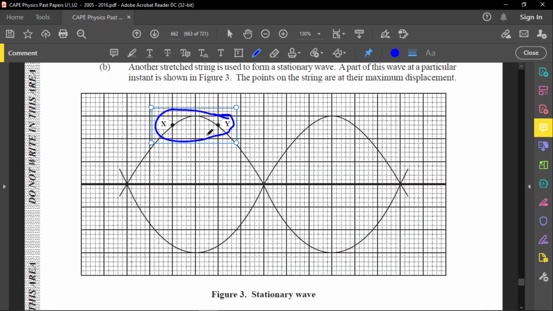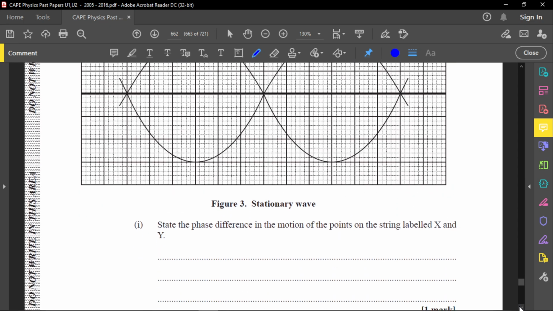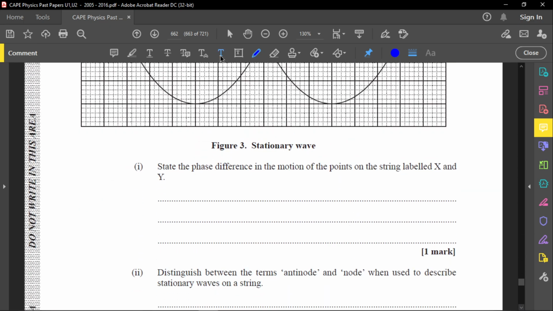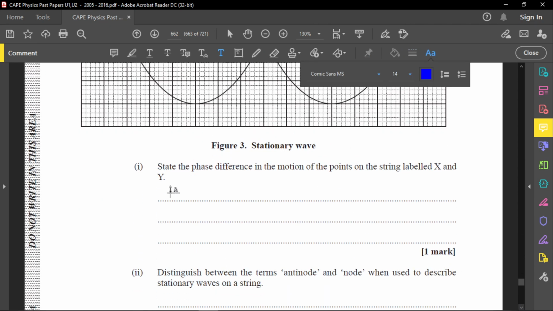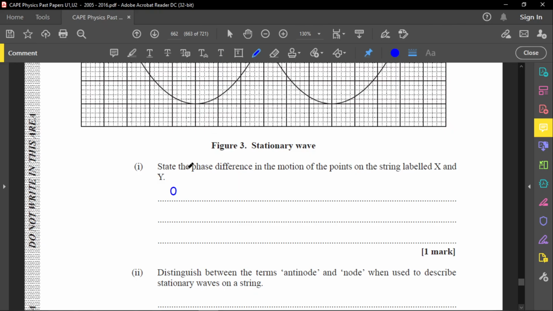And if they're in phase, then the difference will be 0. Okay, so the answer here is going to be 0 degrees. Okay, let's put that in. All right, so 0 degrees.